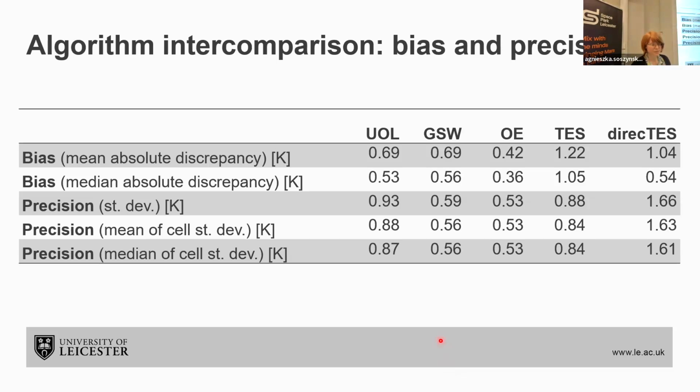And the precision here is the standard deviation of the biases. So if I feed the algorithm more or less the same values, how different are the outcomes? If the changes from the truth are consistent, how consistent is the outcome?